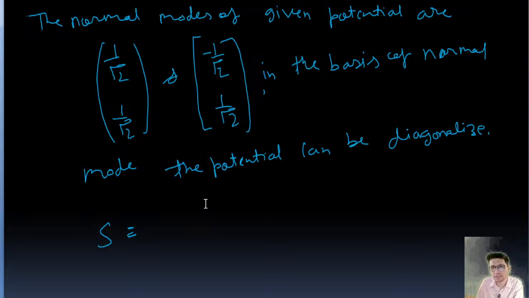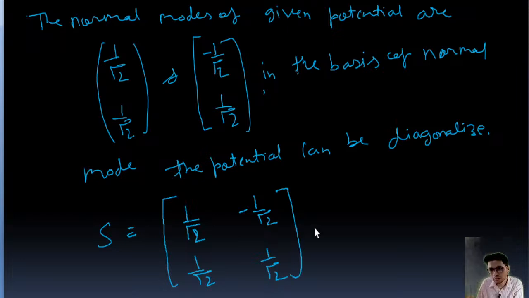Writing this in matrix form: 1 upon root 2, 1 upon root 2, minus 1 upon root 2, and 1 upon root 2. So this is the transformation matrix, guys.